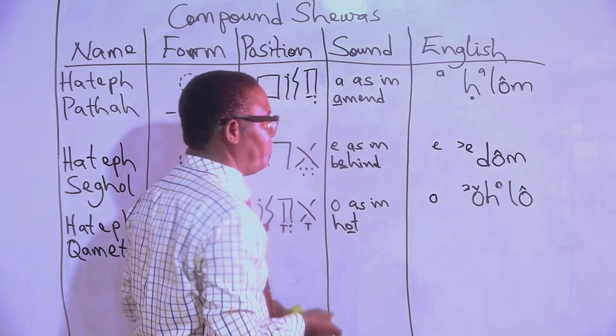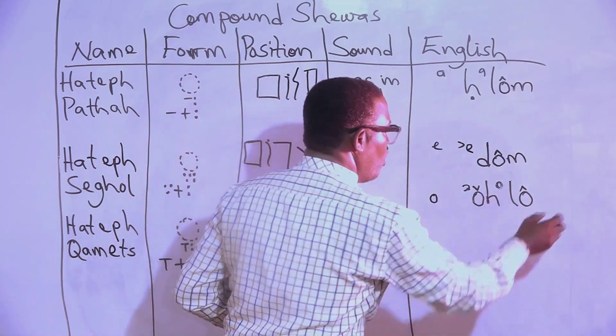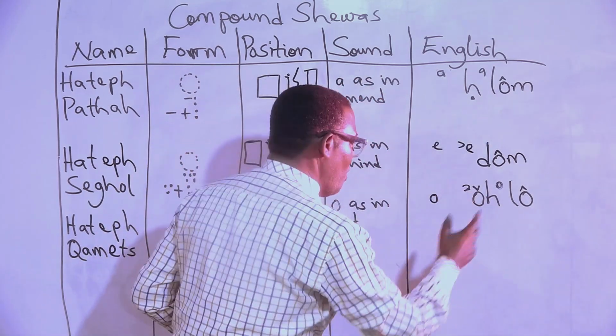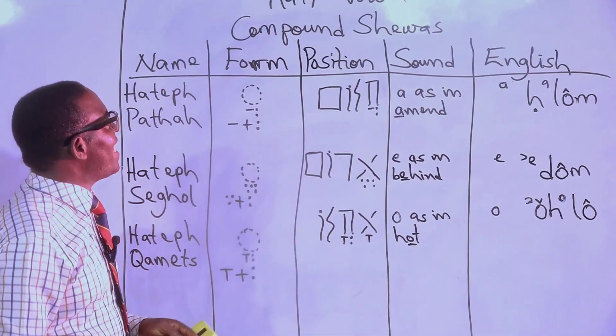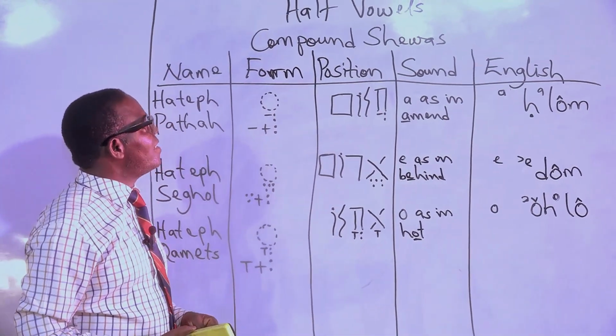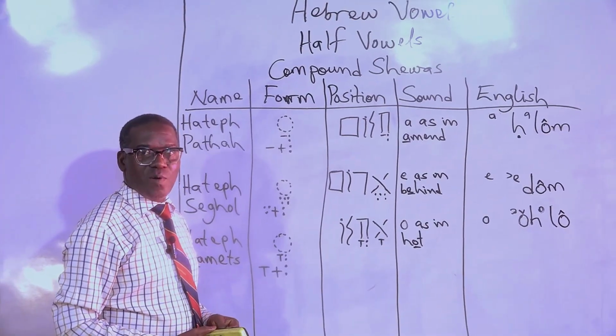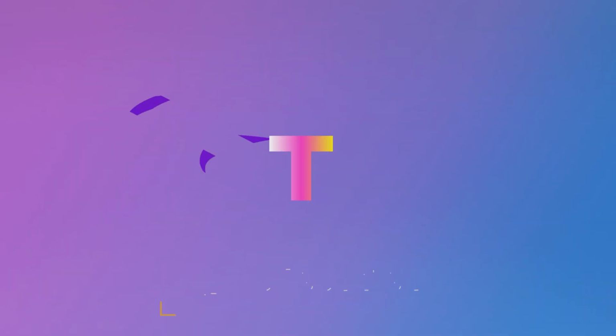So we now have o-o-o. Now we come to the end of the compound Shewas in Hebrew.